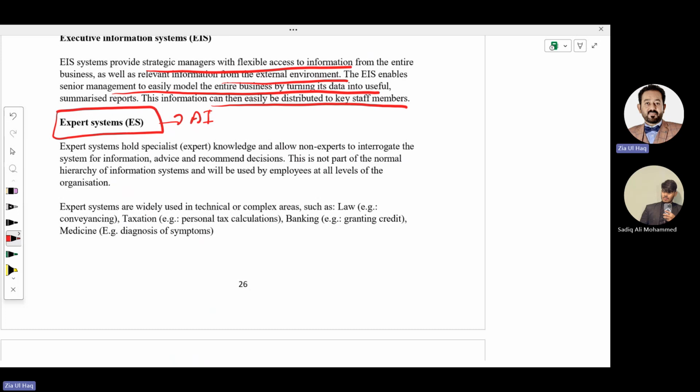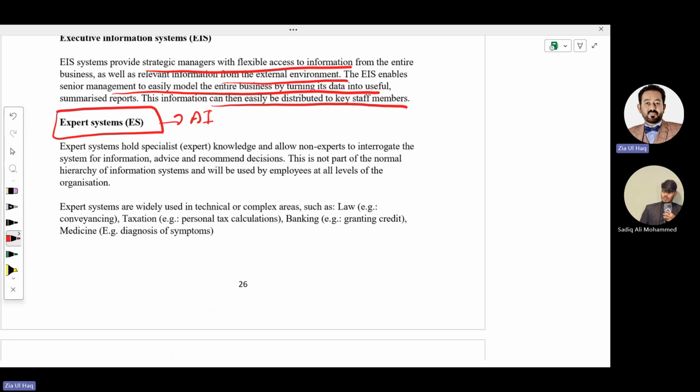Based on different experiences, different past records, different learning. If things move this way, we will decide this. If things move this way, we'll decide this. In a similar manner, this expert system works like a human being. Meaning different scenarios, different algorithms will be entered into the system.